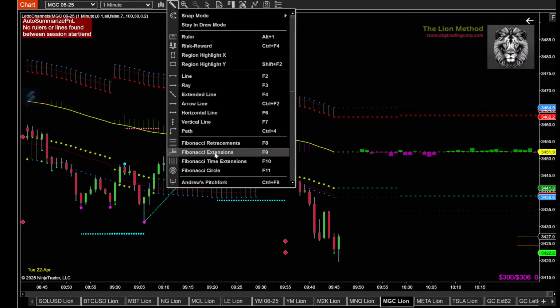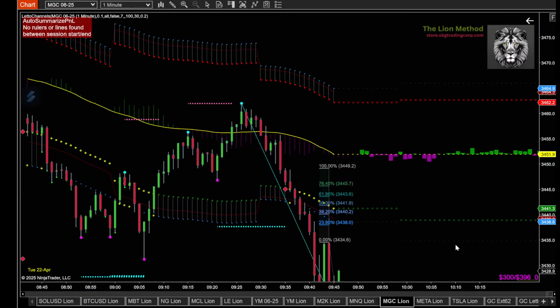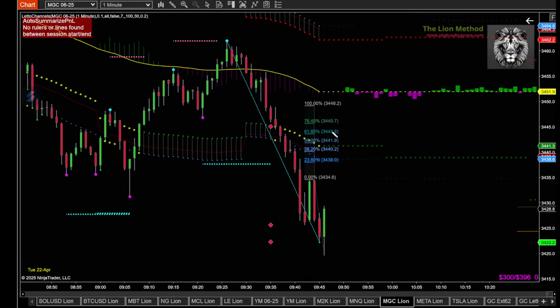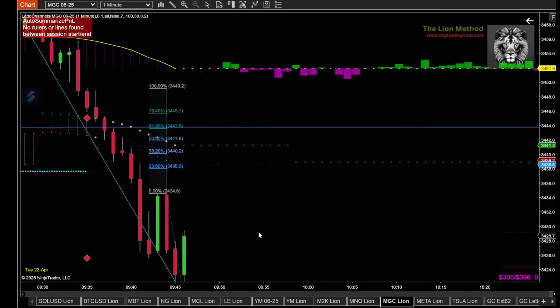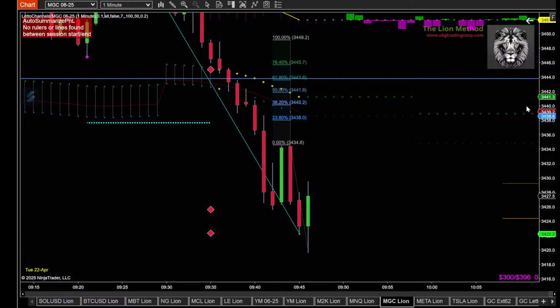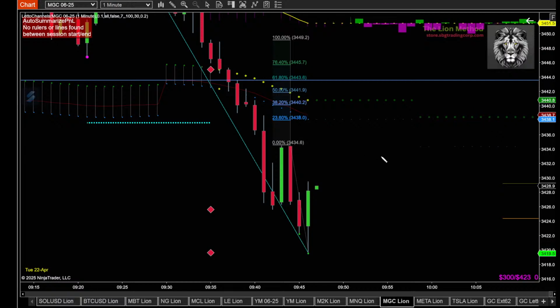If we do an extension off of here to this swing high, that's where the target would be, right up there at the 68 line. So it might be worth thinking about. That's the target. So if we do go long at this breakout, our target is here.